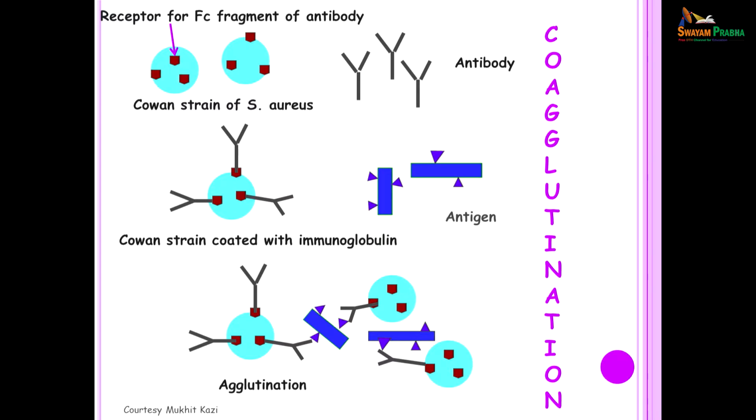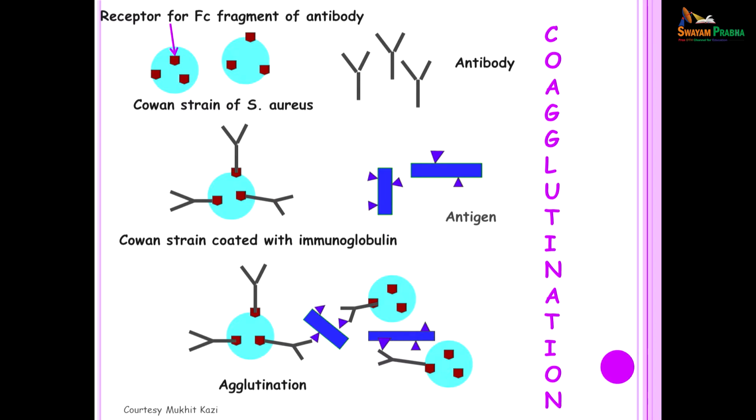So, when an antibody is mixed with the Co-1 strain of Staph aureus, the Fc portion will attach to these receptors which are present on Staph aureus, and when a sample containing antigen is added to this, the Staph aureus strains will agglutinate, and therefore, this is called the co-agglutination test.